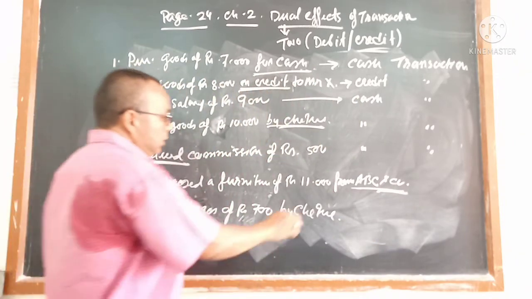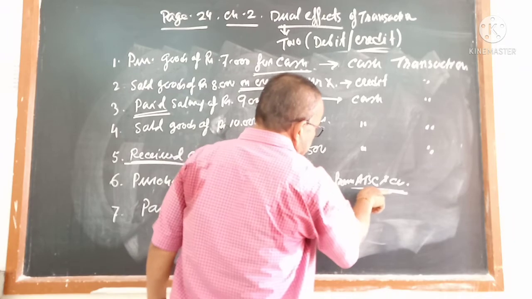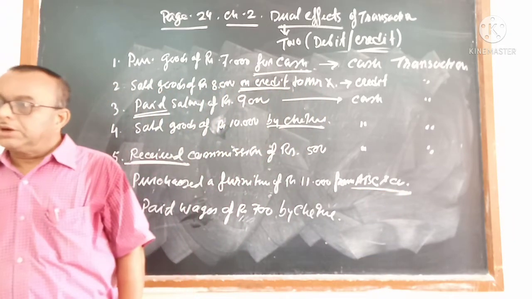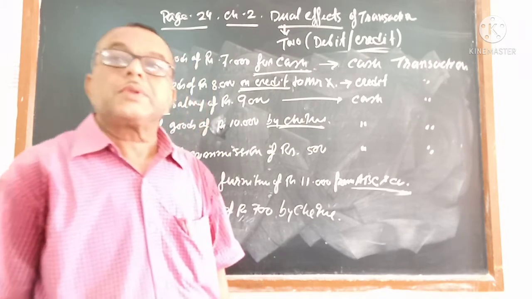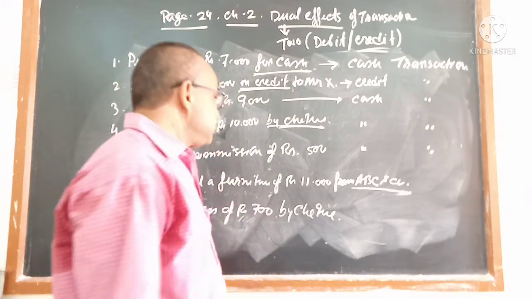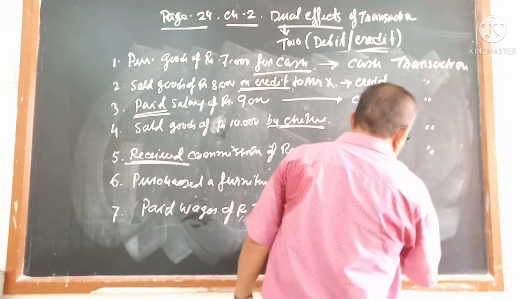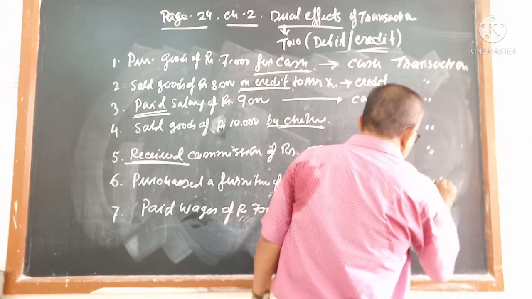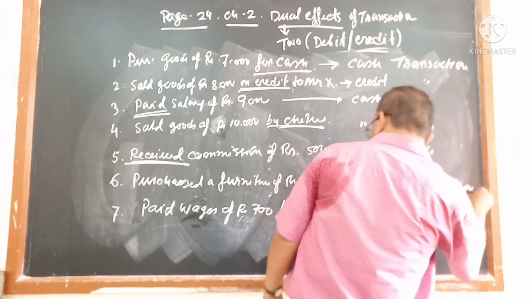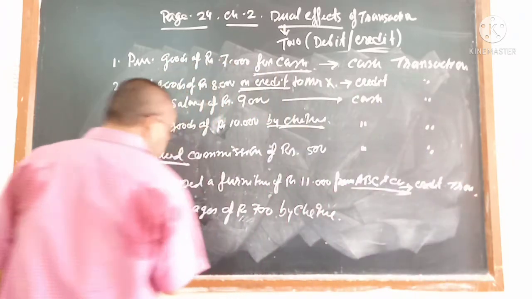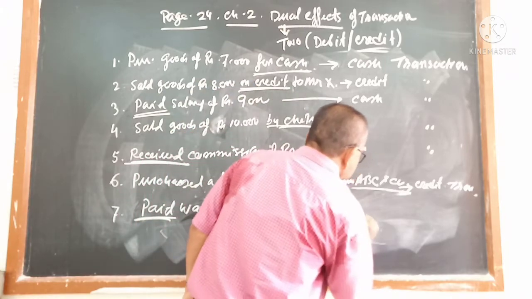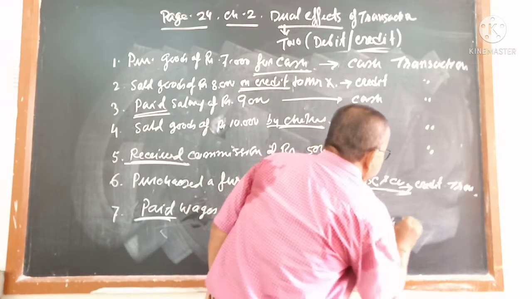Here you see in this transaction, for cash, by check is not there, on credit not there, party's name is given. As party's name is given, it will be considered as a credit transaction. And the last one, which is coming, paid. If paid is given, it is considered as a cash transaction.